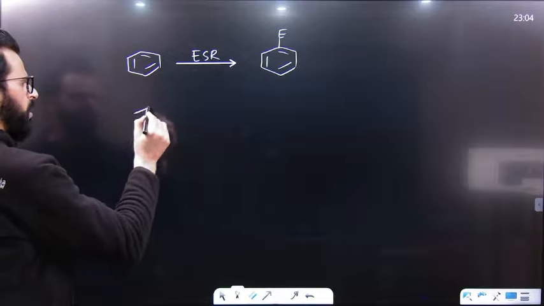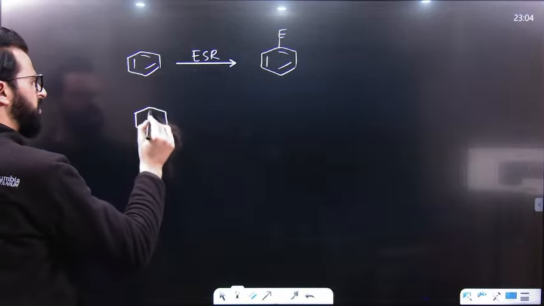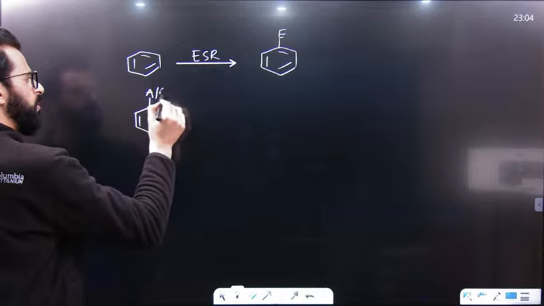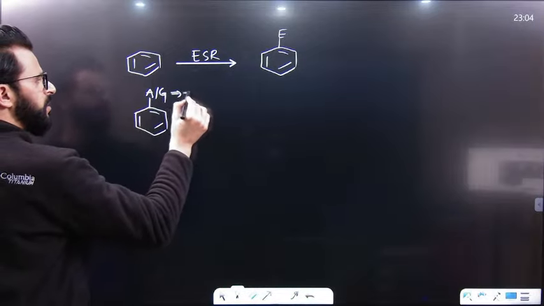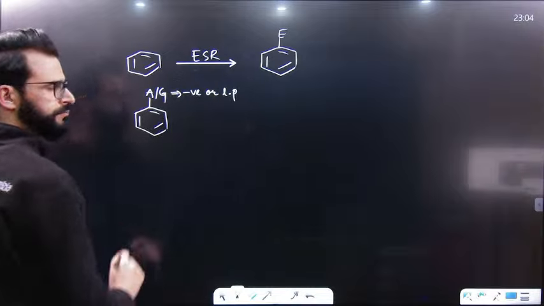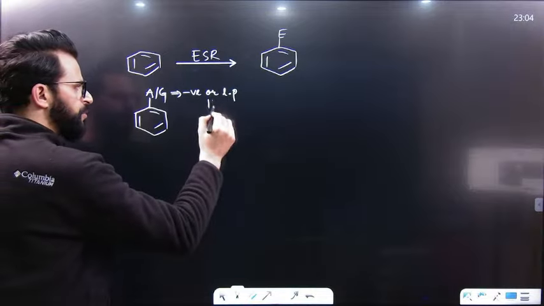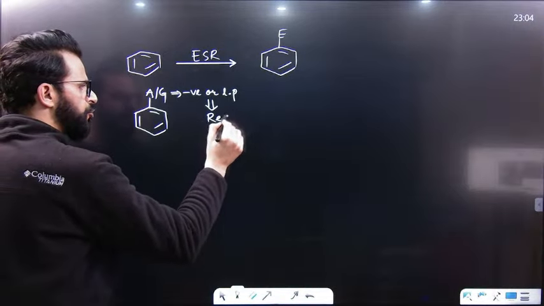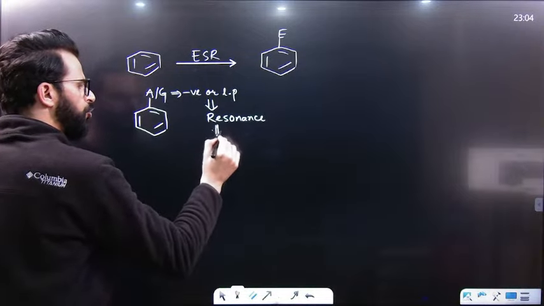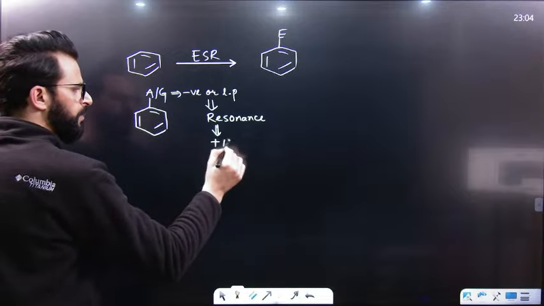But if we have an atom or a group which has a negative charge or a lone pair of electrons, remember, when such groups show resonance, they will donate electrons towards the ring. That means they will show plus R effect.